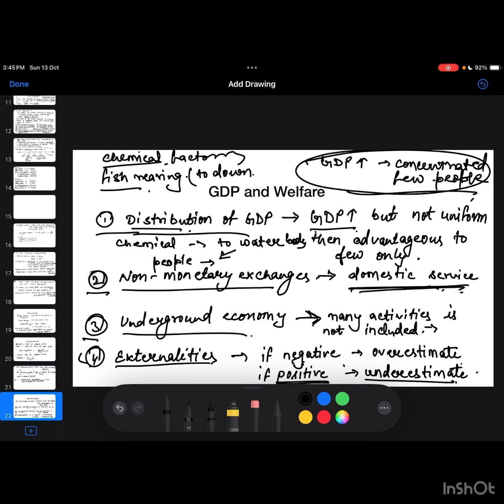So there will be a fall in welfare. But what we are getting is that the chemical factory is adding some value. We are not calculating the harm that it is adding to the environment by releasing its chemicals into the water body. So in this way, negative externalities give an overestimation, and positive externality gives an underestimate.